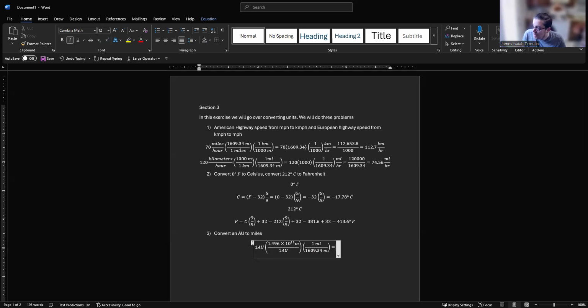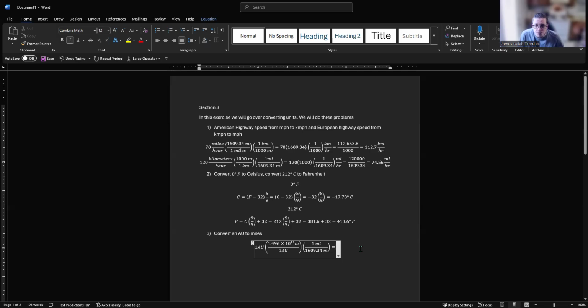And so remember, our astronomical units are going to cancel, our meters are going to cancel, and we're going to be left with miles.